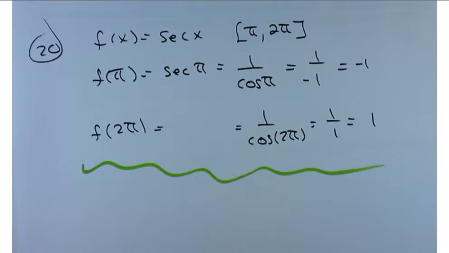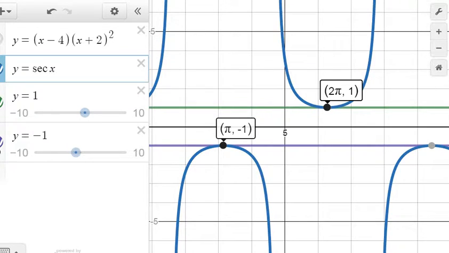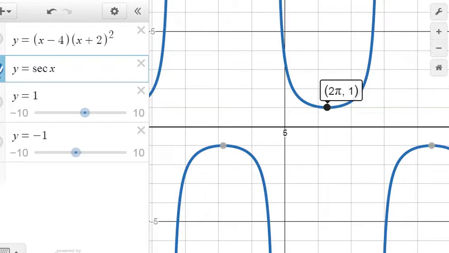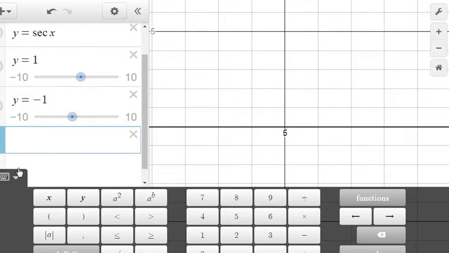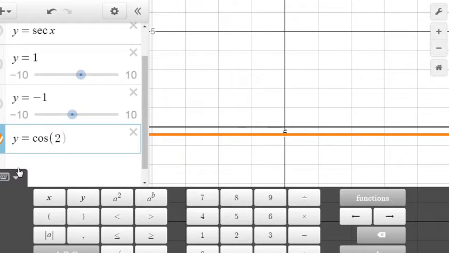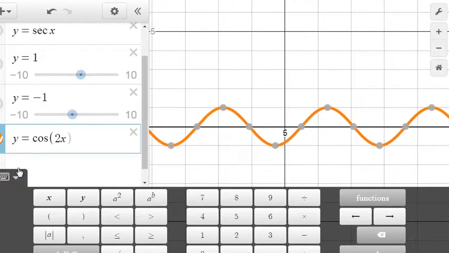Well, let's back up a step then. Let's take a look at the cosine of 2x on the interval -pi to pi. So y equals cosine of 2x on the interval.